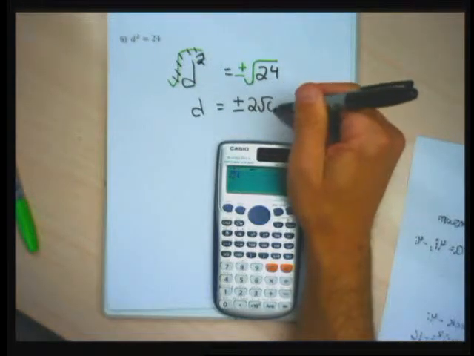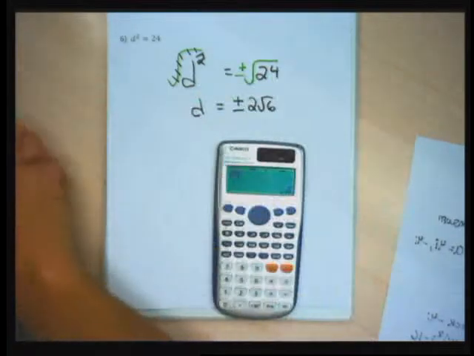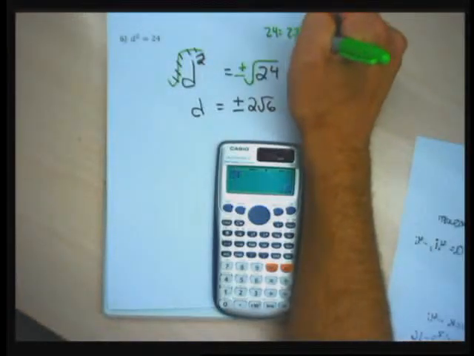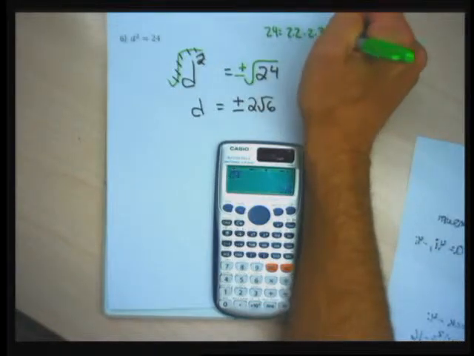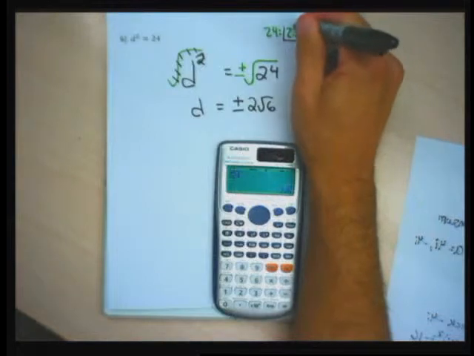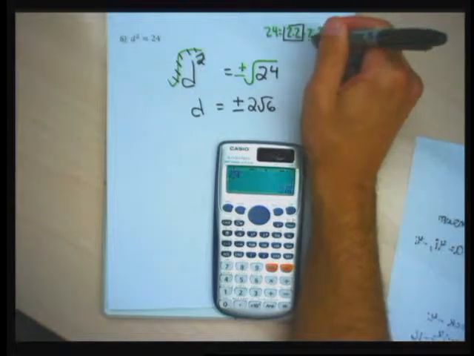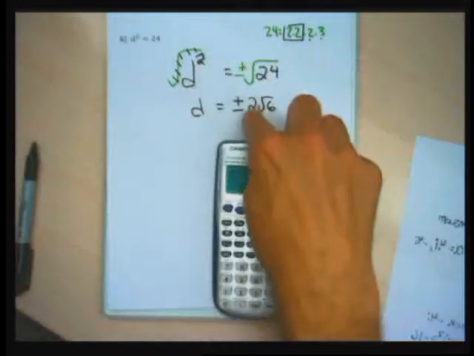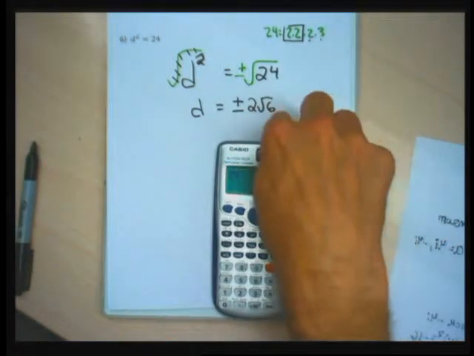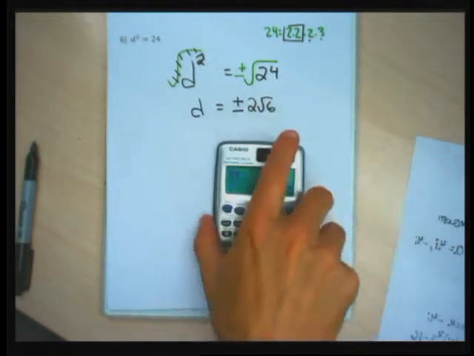But you could have done a prime factor tree for 24. If you did a prime factor tree for 24, it would have been 2 times 2 times 2 times 3. And it would have told me I get a 2 outside the radical and a 2 and a 3 under a radical. The 2 outside the radical looks just like that. The 2 and the 3 under the radical get multiplied to be a 6.